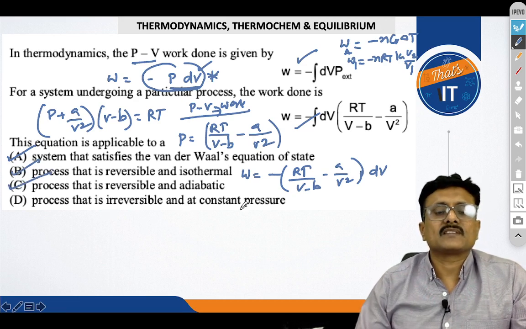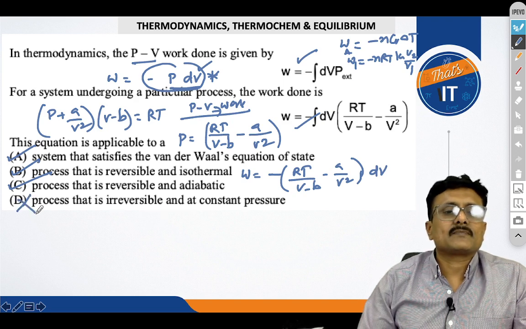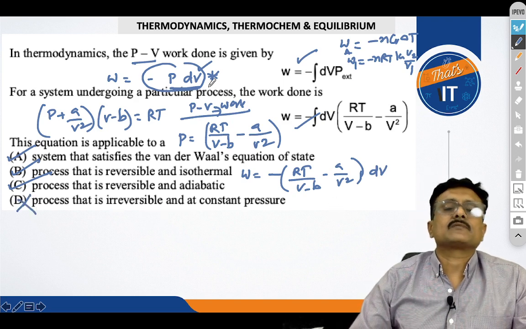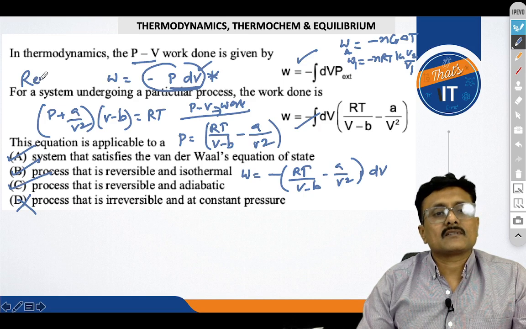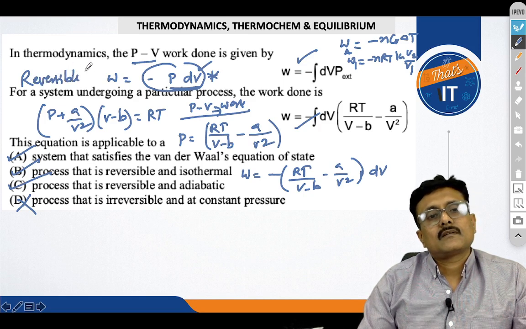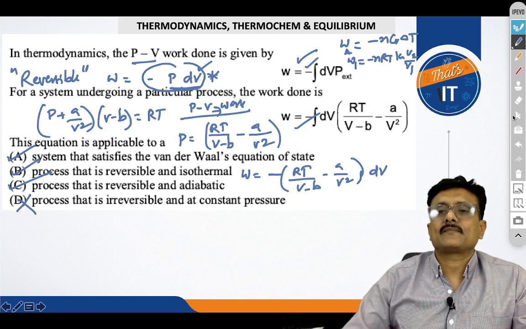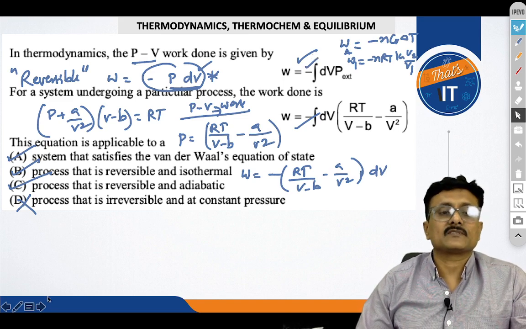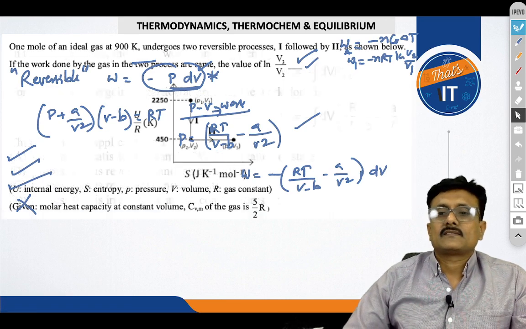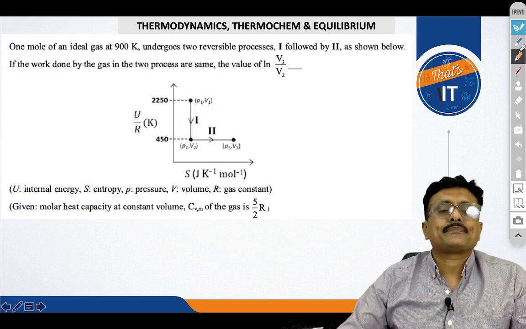The statement that the process is irreversible at a constant pressure is a wrong answer. This equation is pertaining to reversible expansion, if it is negative. So the right answer for this question is A, B and C.